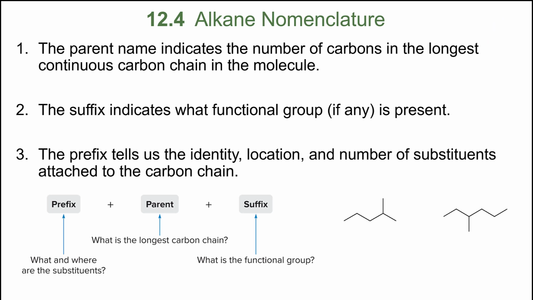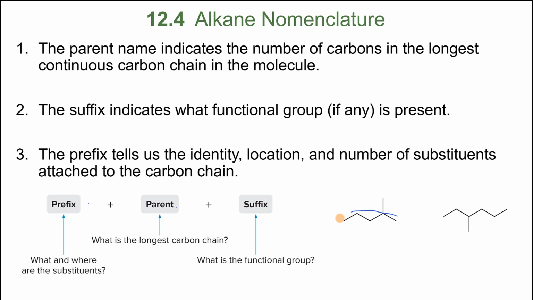When we're naming compounds, the parent name indicates the number of carbons in the longest continuous chain of the molecule. The suffix tells us what type of functional group is present, and the prefix tells us the identity, the location, and number of substituents that are present. So this is kind of the graphical representation of the name. You have the prefix, we have a parent, and then we have the suffix.